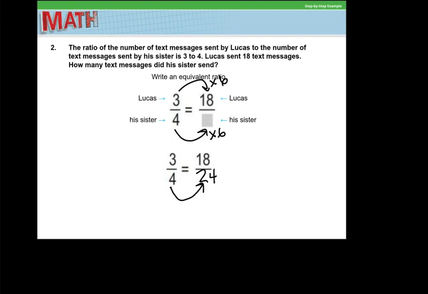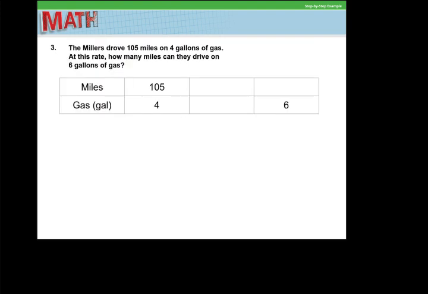All right, our next problem is on page 73 at the bottom. We are talking about the Millers. The Millers drove 105 miles on 4 gallons of gas. At this rate, how many miles can they drive in 6 gallons of gas? In the book, it wants us to draw a double number line.